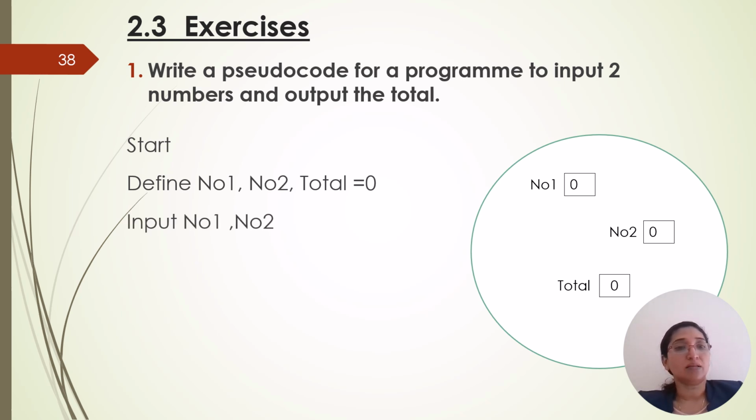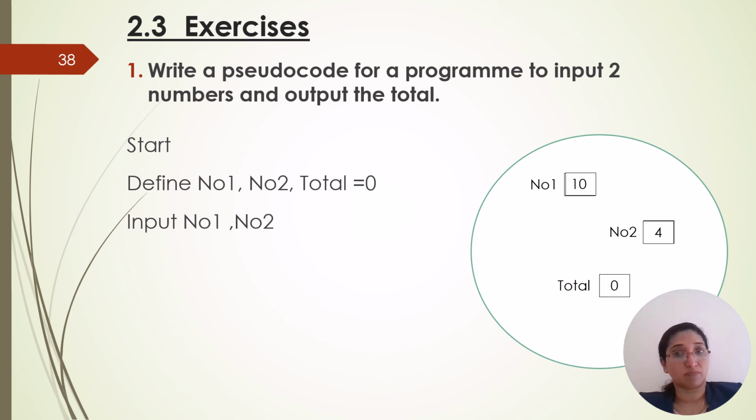Then it says input number 1 and number 2, which means you need to enter two numbers from the keyboard. The two numbers that you input from the keyboard get stored in these two variables. Say you input 10 and you input 4. First you input 10, so 10 goes to this. Second you input 4, 4 goes to this.